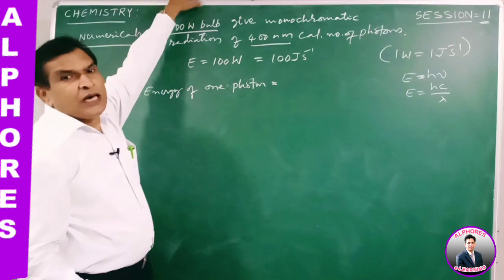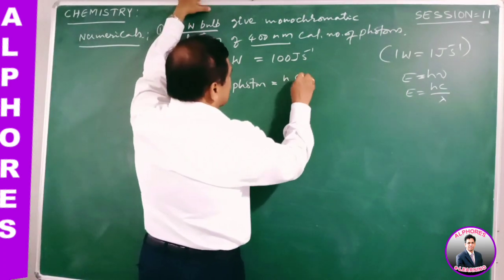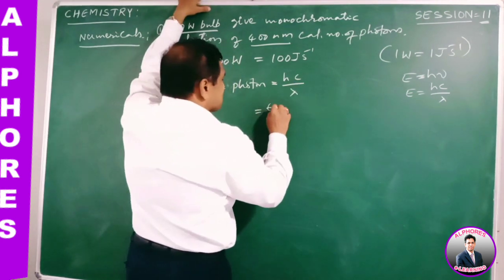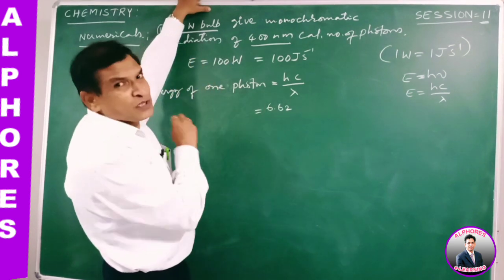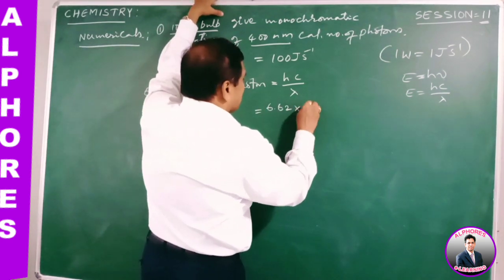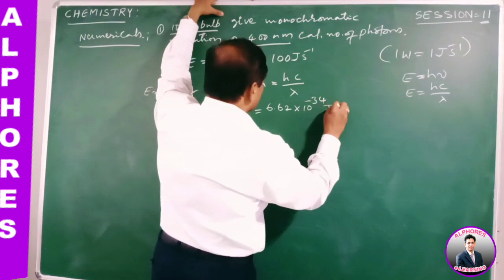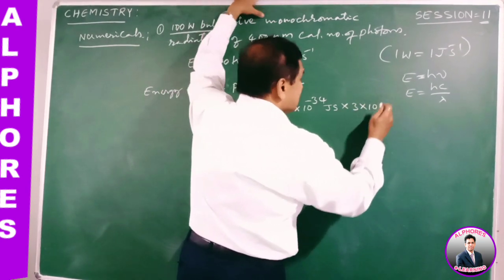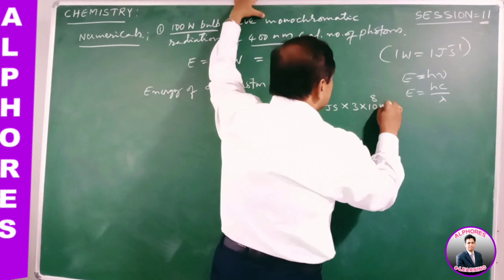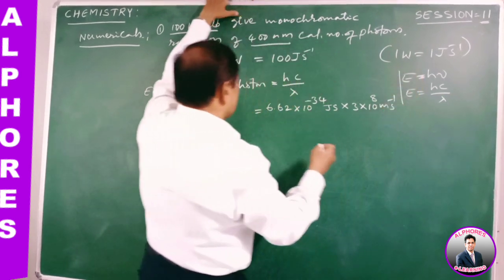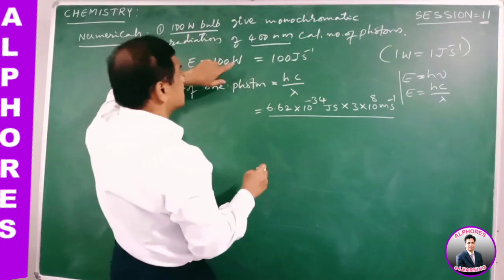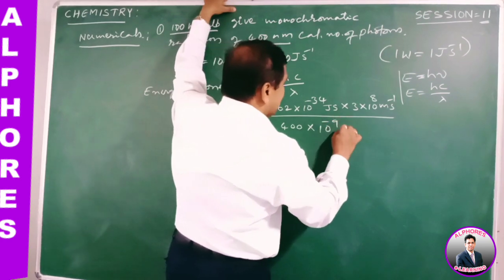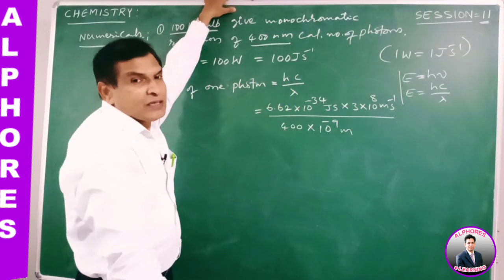Here h is Planck's constant, 6.62 into 10 to the power minus 34 joule second, into the velocity of light, 3 into 10 to the power 8 meters per second, by lambda, which is 400 nanometers, that is 400 into 10 to the power minus 9 meters.